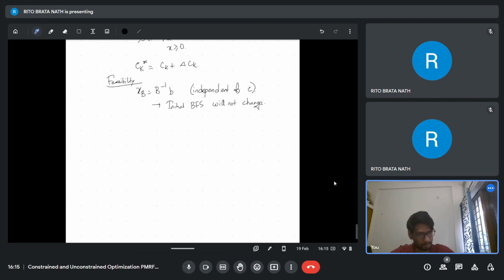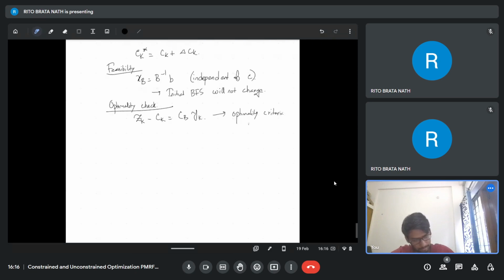And for optimality check, what you have is zk minus ck, which is cB times yk or something. Here ck is appearing, so the optimality criteria may change.